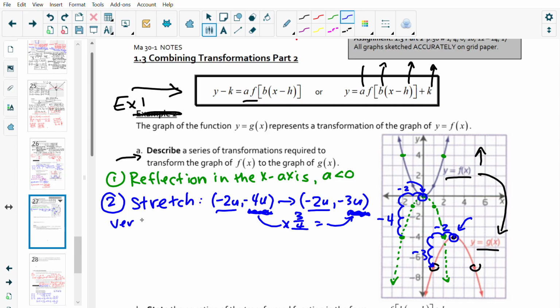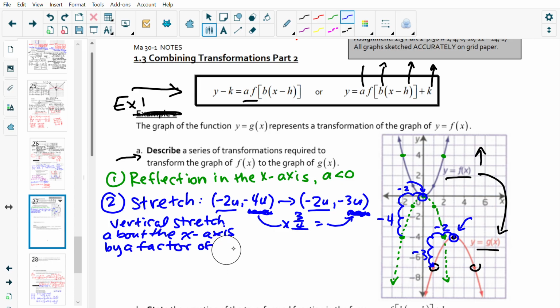This is a vertical stretch about the x-axis by a factor of 3/4.